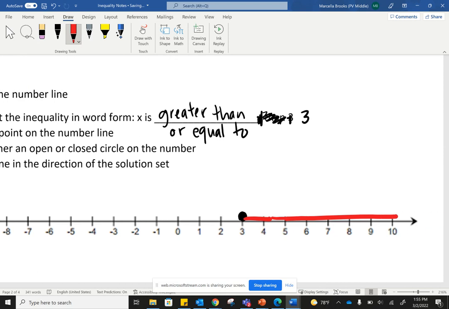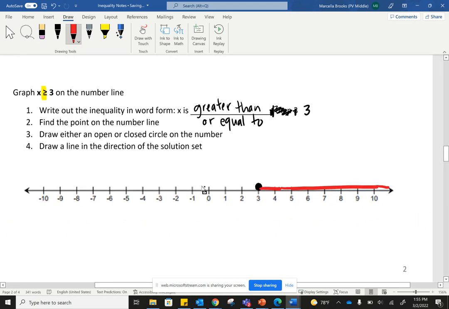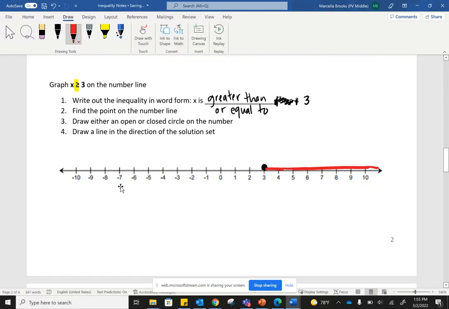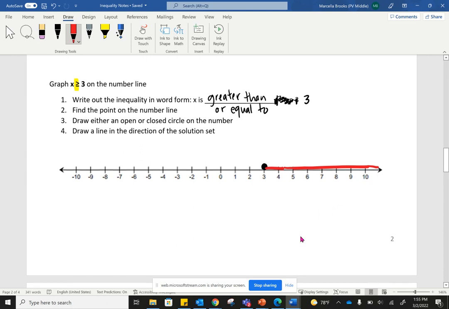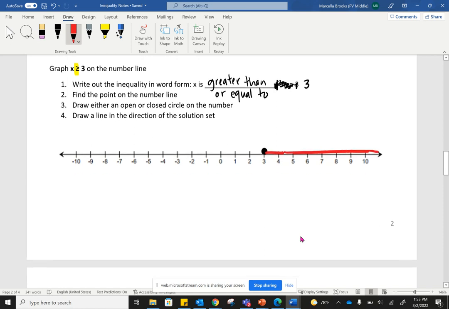Shade in that direction and go all the way to the end of the line. The reason that we fill in the circle is because 3 is part of the solution set. So x could be 3 and values above 3. If it was open, that would mean that x can't be 3. It's got to be greater than 3 or less than 3.